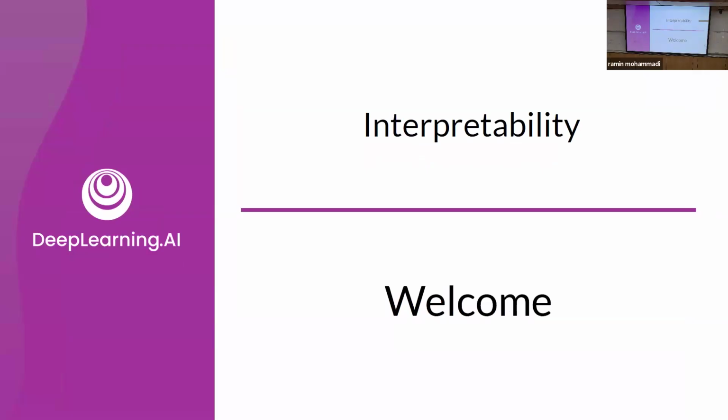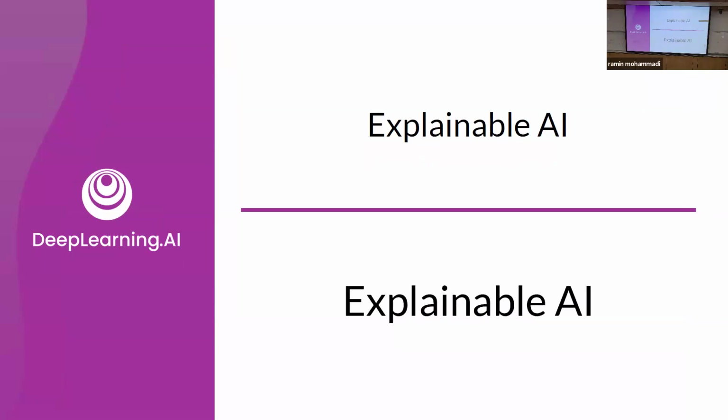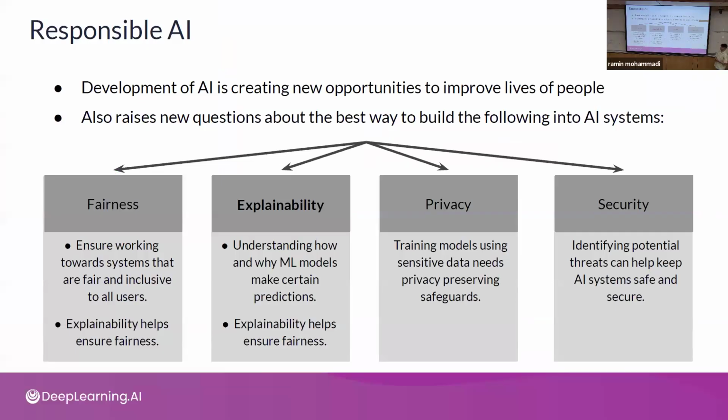So the next part of the lecture, we're going to first talk about interpretability and explainability of the models. But let's start with the definition of responsible AI. We all can agree that AI needs to be used to enhance people's lives, right? No one disagrees with that.